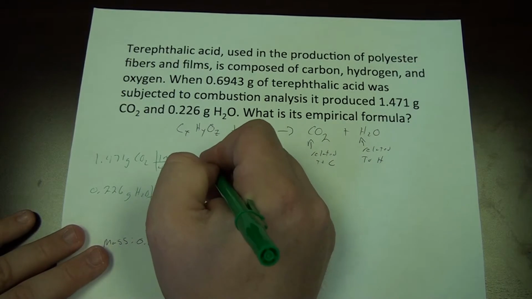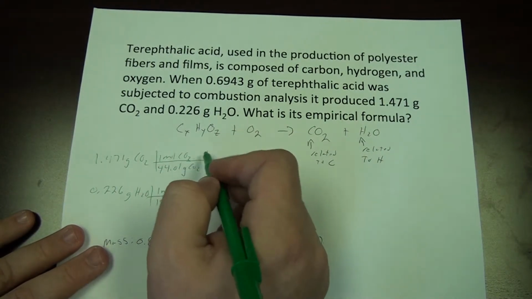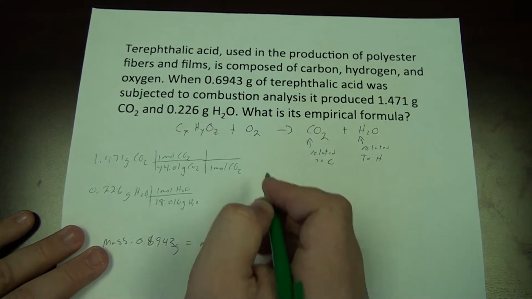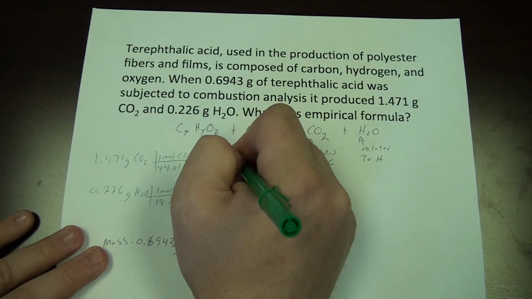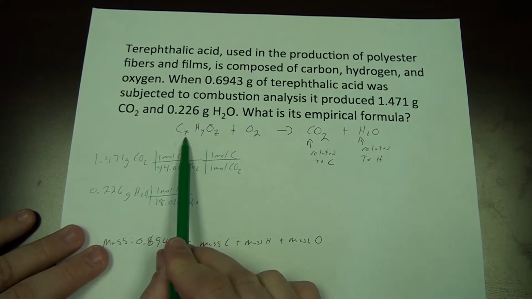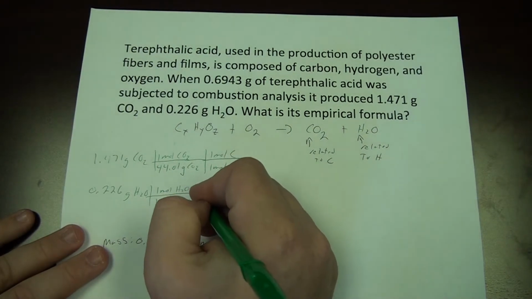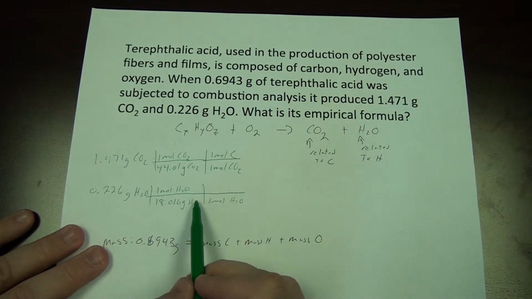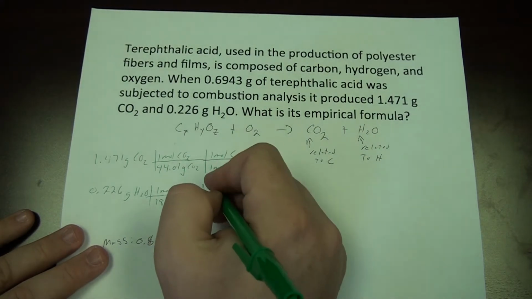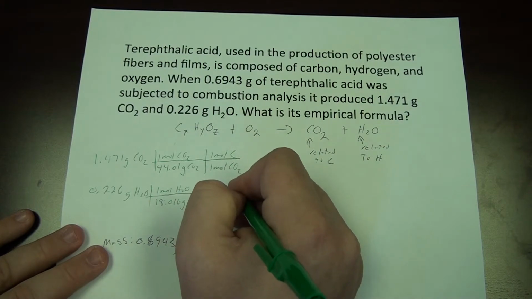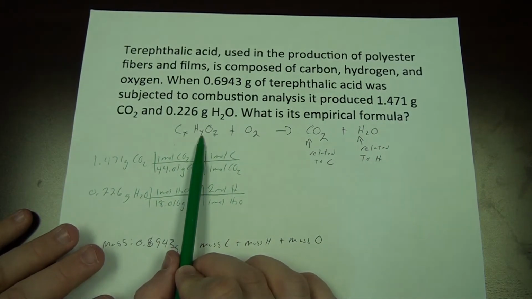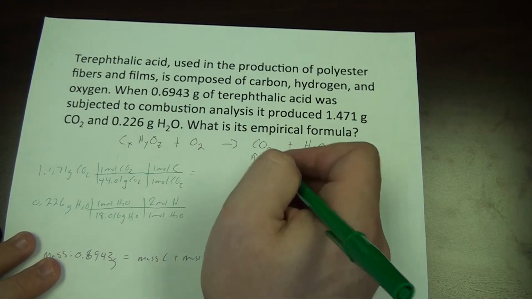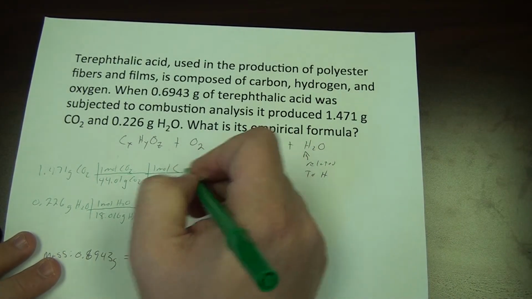So we have to look at how many carbons for each one of those. For every 1 mole of carbon dioxide, we have 1 mole of carbon that had to come from this compound. Right? And from the water, for every 1 mole of water, we get 2 moles of hydrogen that had to have come from this compound. Right? So if we do that, we're going to do this calculation.